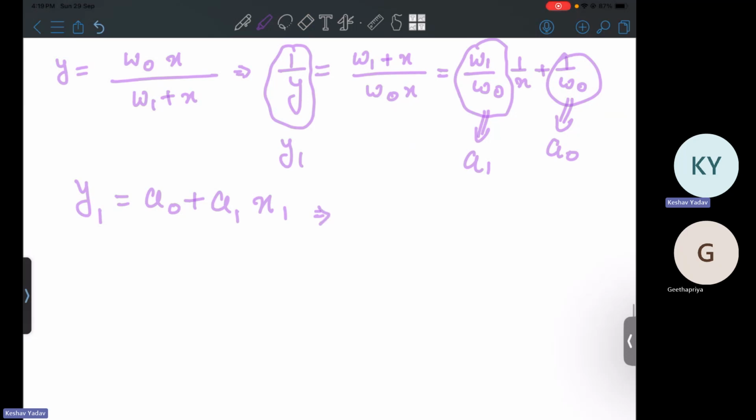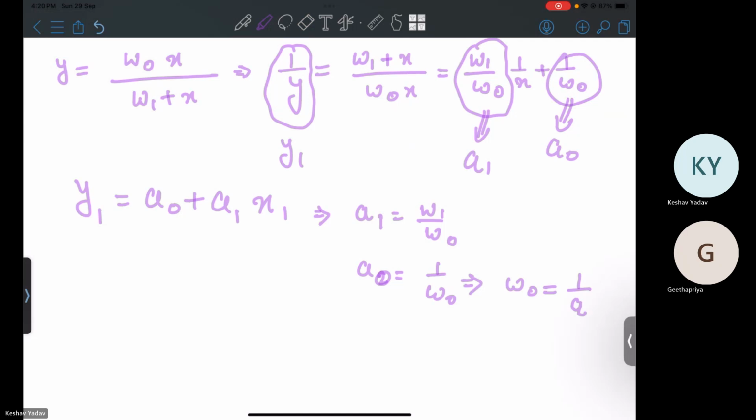Here we have A1 equal to W1 upon W naught and A0 equal to 1 upon W naught. From here, if we wish to find W naught, W naught will be equal to 1 upon A0.